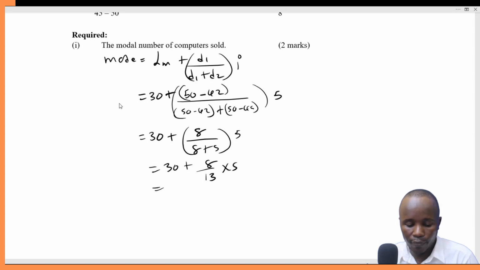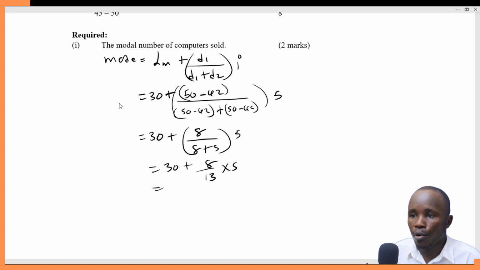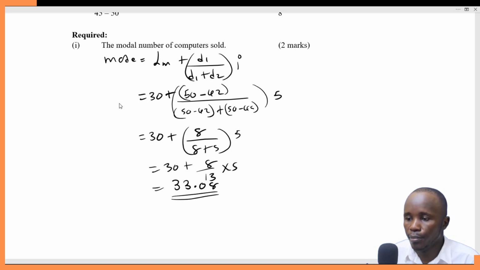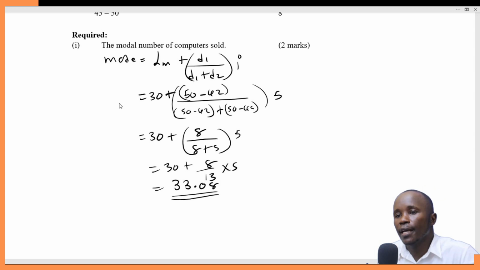I find 8 divided by 13 times 5. 8 divided by 13 is equal to 0.61, then times 5. That gives me 3.08, plus 30. So my mode here becomes 33.08. I hope it's clear how to find the mode.